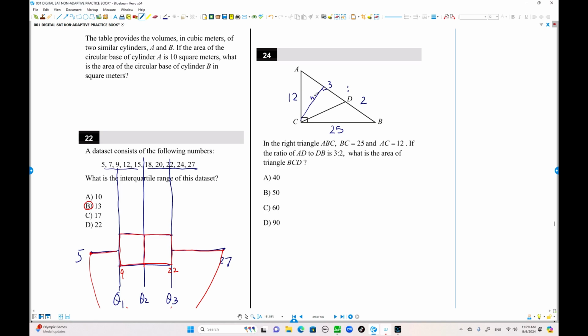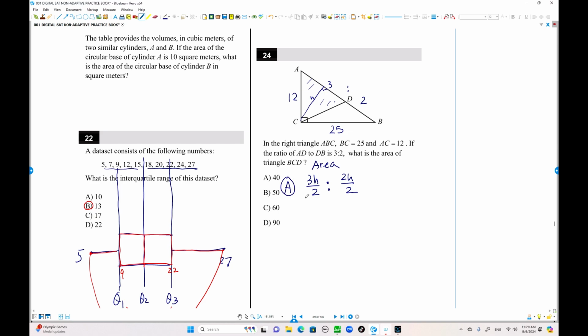Using this height, what is the area of triangle ACD? 3 times H divided by 2, right? We are talking about the area of the triangle. The other side, 2, still this is the height, right? 2 times H divided by 2. That's the ratio of their areas.